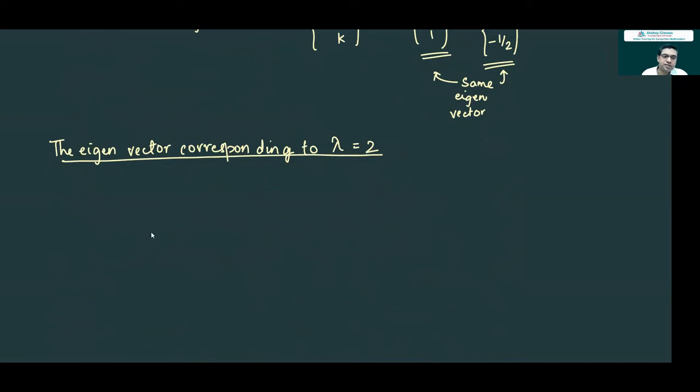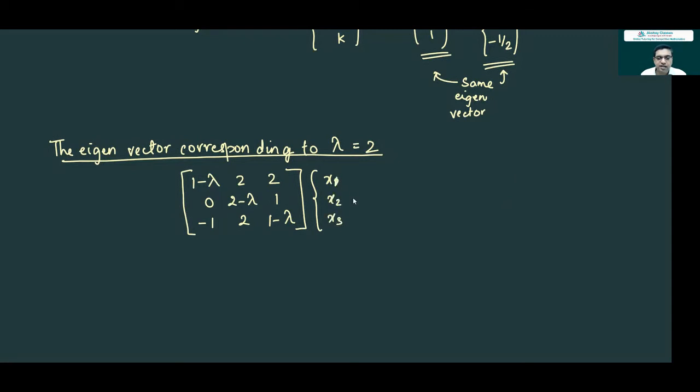Okay, so we have 1 minus lambda, 2, 2; 0, 2 minus lambda, 1; and minus 1, 2, 1 minus lambda, times x1, x2, x3 is equal to 0.